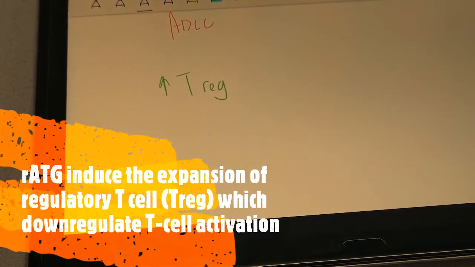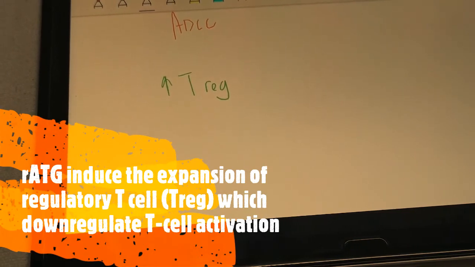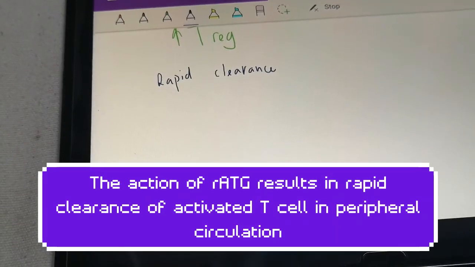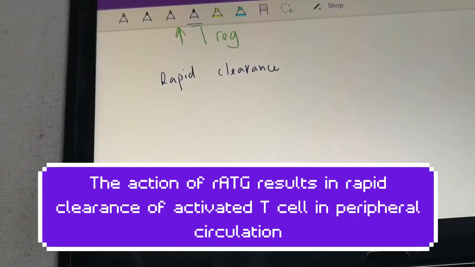RATG induces the expansion of regulatory T cells, which downregulate T-cell activation. The action of RATG results in rapid clearance of the activated T cells in the peripheral circulation.